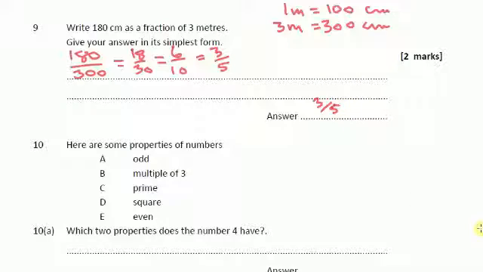Question 10. Here are some properties of numbers: odd, multiple of 3, prime, square, even. First thing I think to do is to write down the first few members of each of these sets. Odd, we know what odd numbers are: 1, 3, 5 and 7 and so on. Multiple of 3, your 3 times table: 3, 6, 9, 12, 15 and so on.